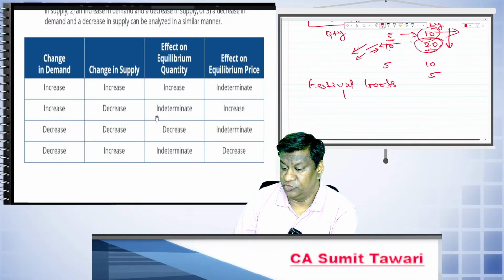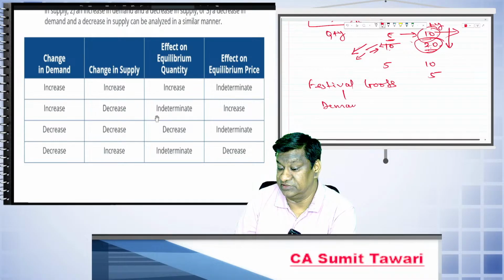So in festival days, it is clear that demand and supply both get increased. But at what price level, that you cannot decide.